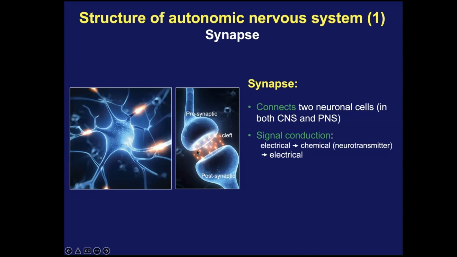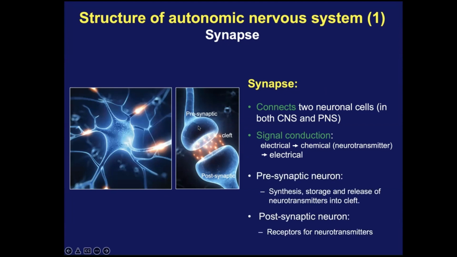And these neurotransmitters bind to the receptors, which are located on the membrane of the post-synaptic cell, to trigger the signals in the second cell, so that the signal conduction can be completed through this gap.